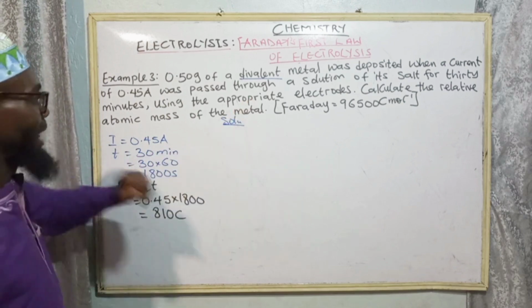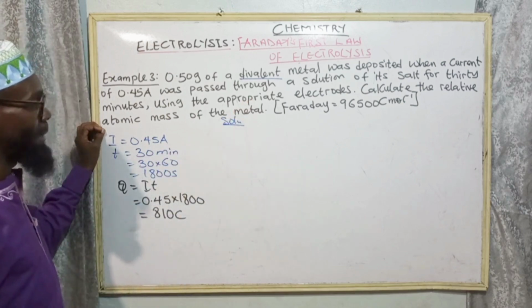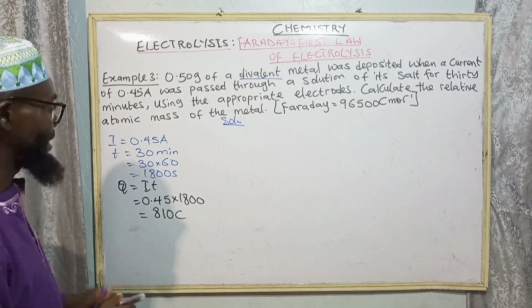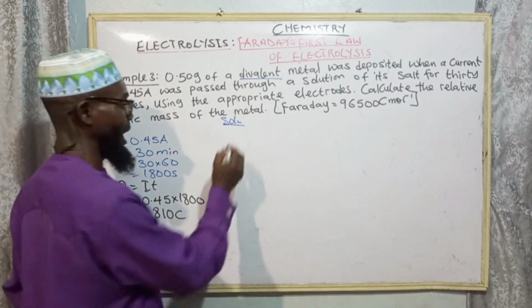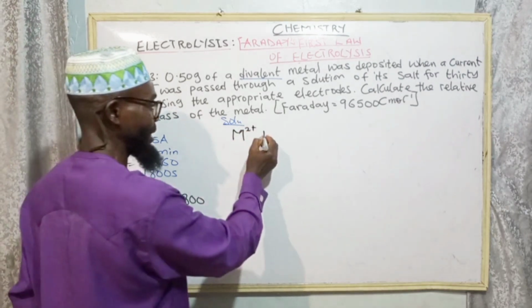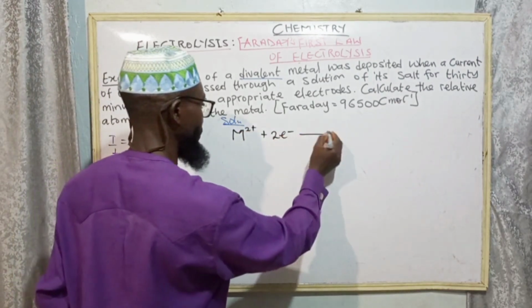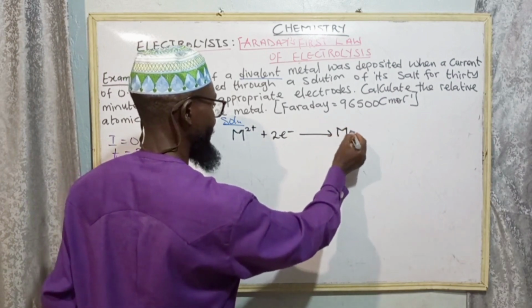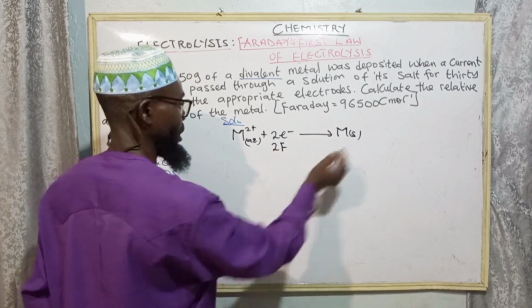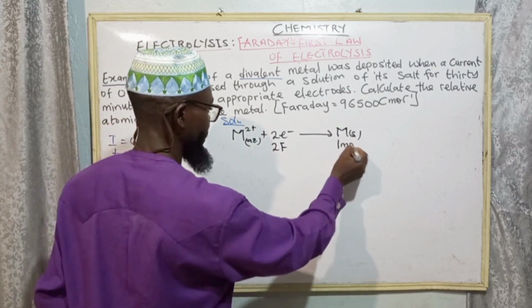Now, calculate the relative atomic mass of the metal. Now, don't forget that it's a divalent metal. Let's just assume we have M2+ as a divalent metal, accepting 2 electrons to give us M, which is the metal. This is our aqueous. Here, 2 Faraday of this gives 1 mole of this.